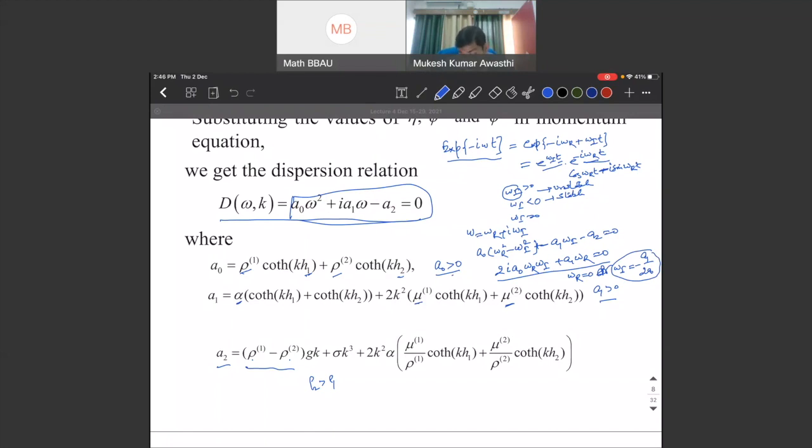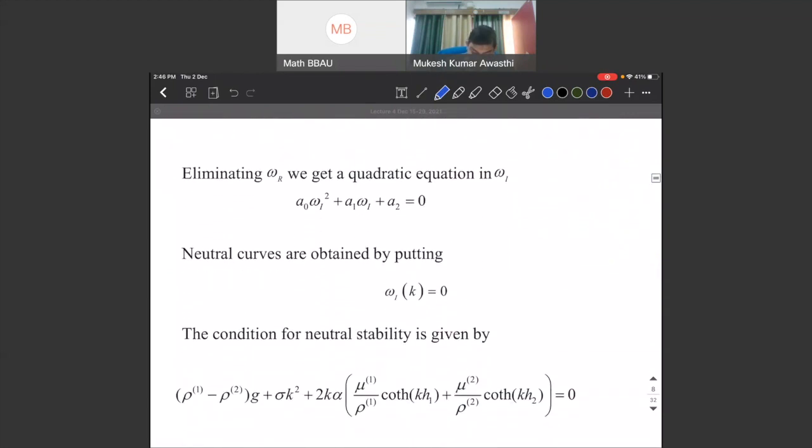But we know that the system is statically unstable, so we will take the second case, that is omega r is 0, and so this equation now transforms into a naught omega I square plus a1 omega I plus a2 equal to 0. Now our aim is to calculate the value of omega I when it is positive, because we are looking for the instability.